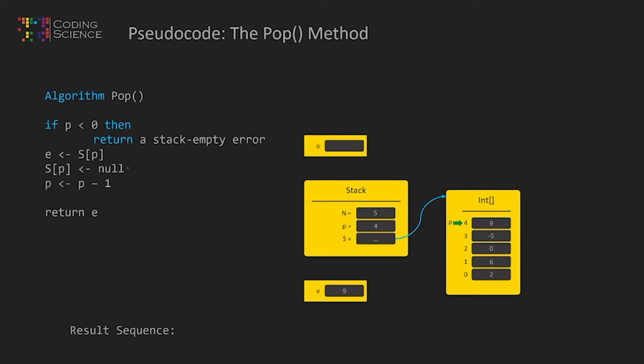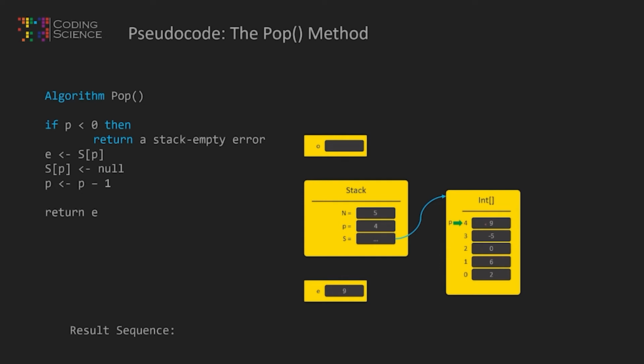There we go. The next step is to take that cell in S at position P, and we're going to put a null value in it. It's not a 0, it is null. In programming with integers, 0 is not a null value, it is 0, it's a number.